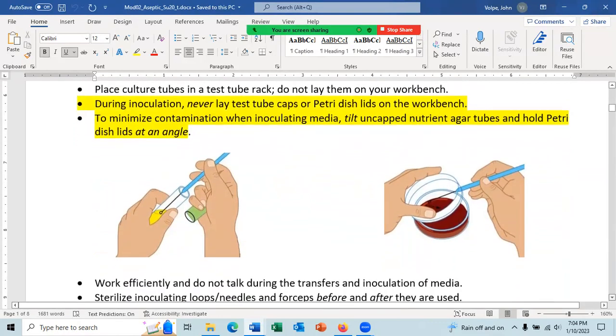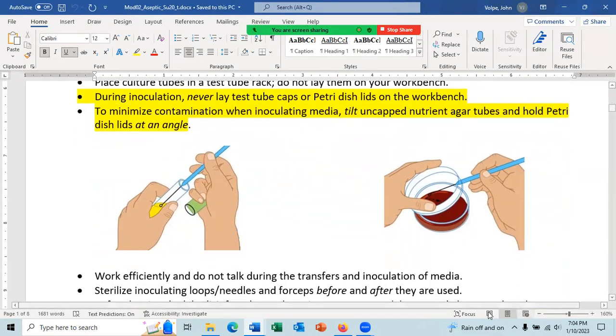All right, during inoculation, you should never lay your test tube caps or petri dish lids on the workbench. If you do, they may become contaminated, and then when you put the cap on the tube, the contamination may fall into the tube.